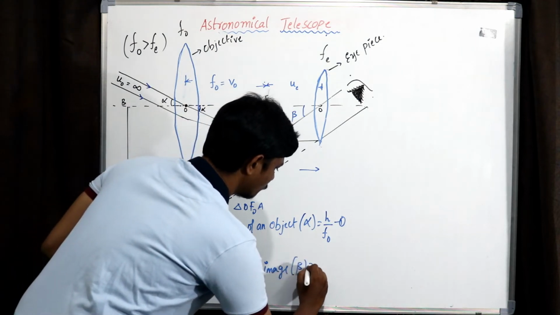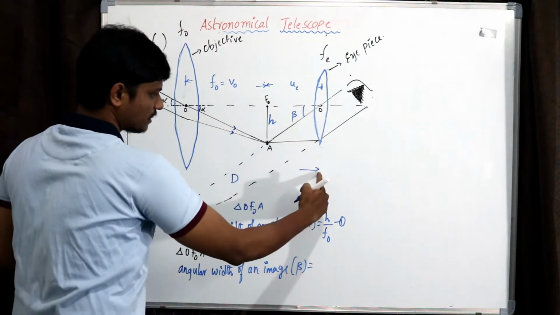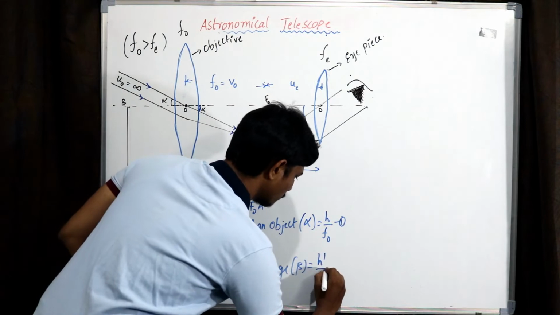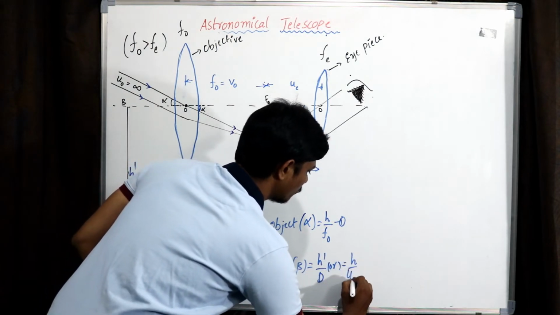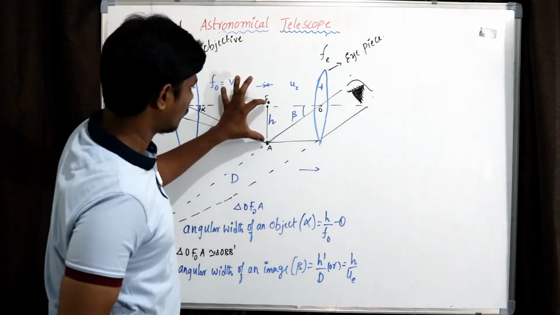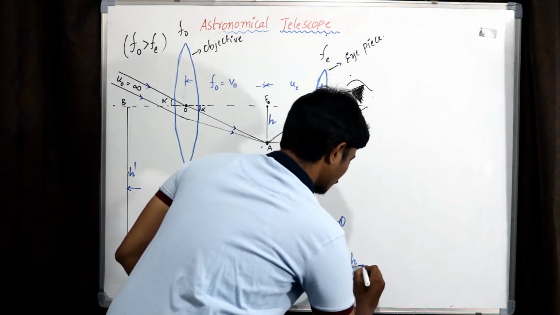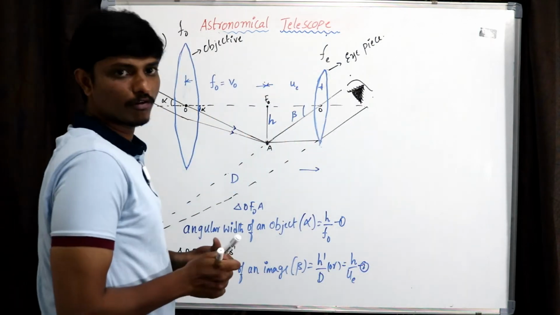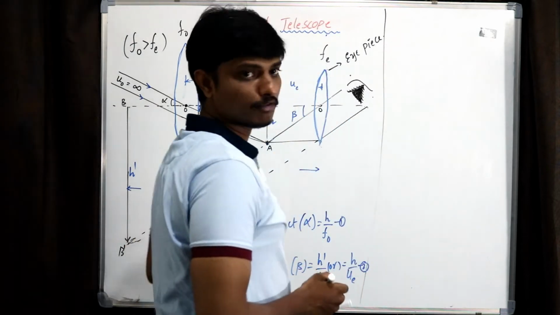The angular width of the image beta is equal to, we can write either h dash by least distance of distinct vision, or h by u, the object distance for the eyepiece. Keep it as u_e. I am talking about the near point.